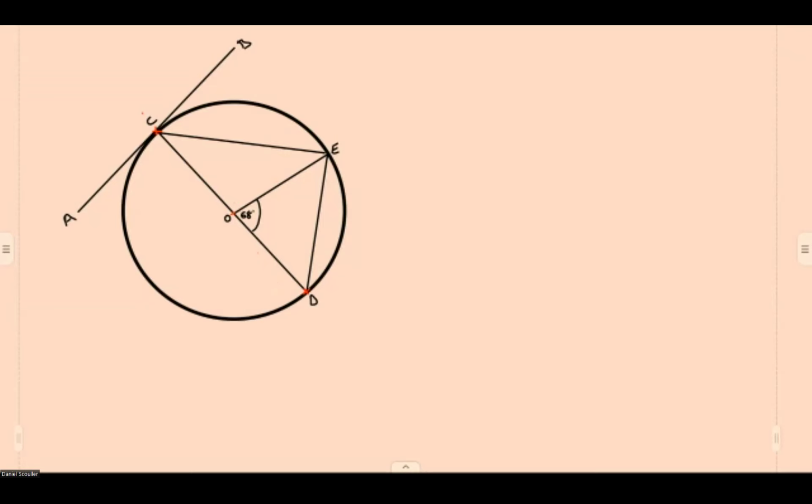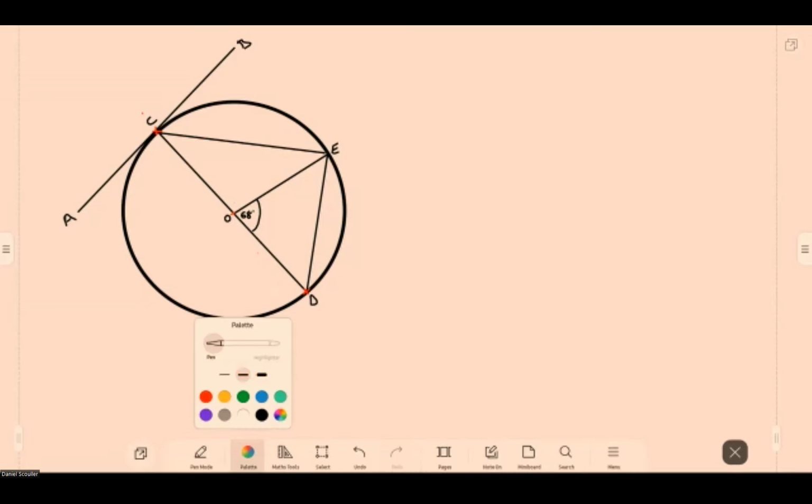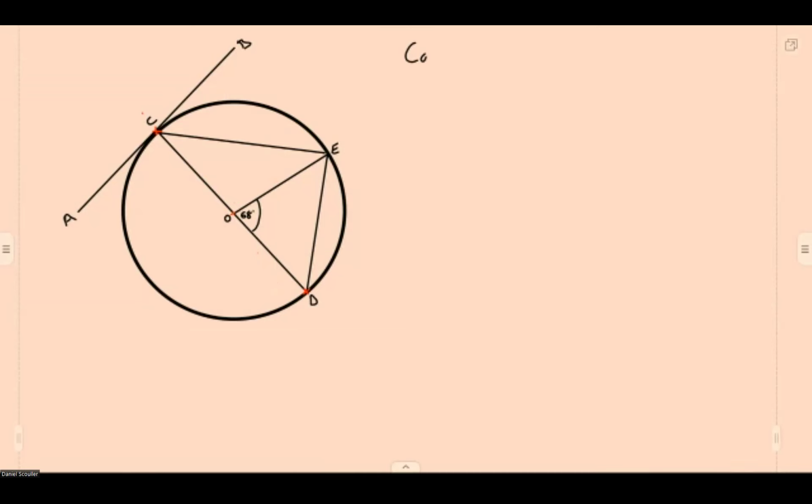We're to calculate angle ACE. So when it's asking you to calculate that angle, it's asking you to follow a path.